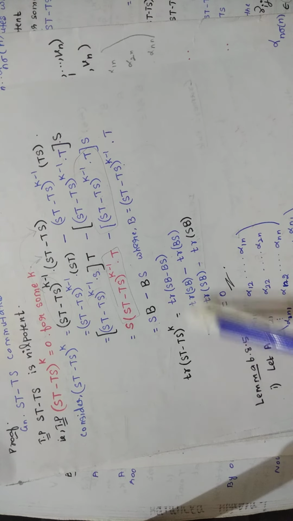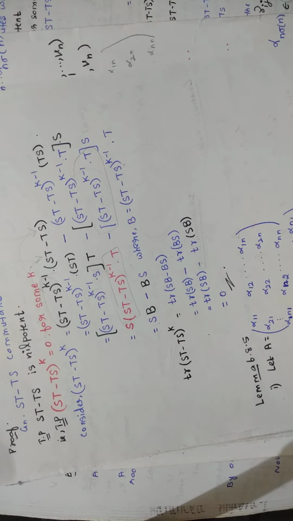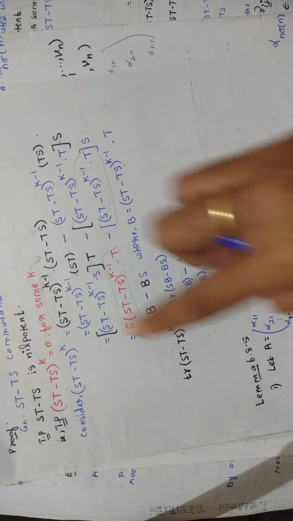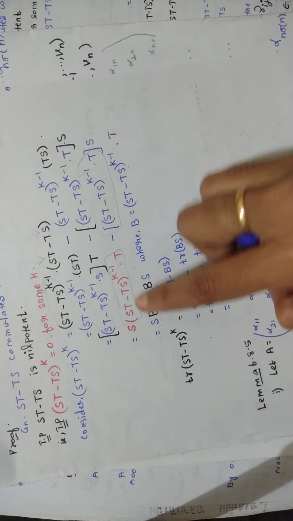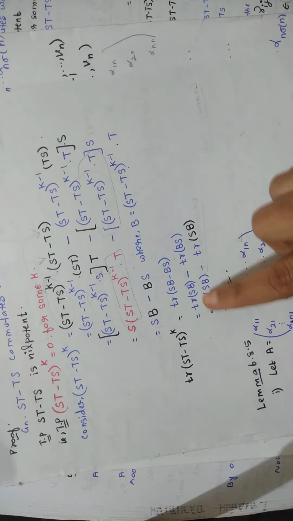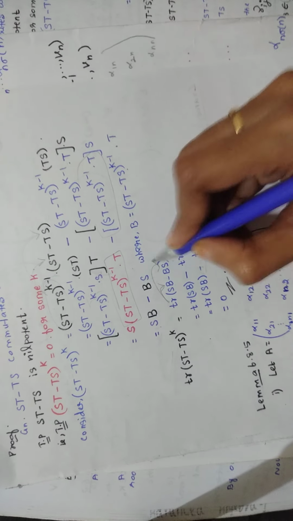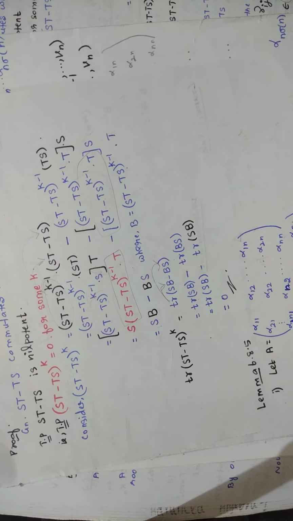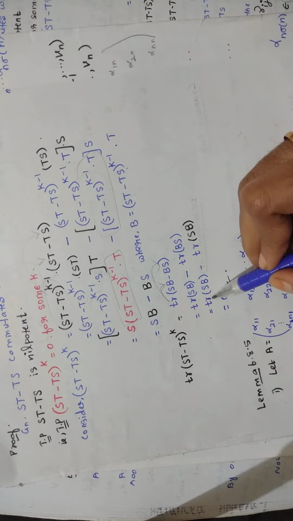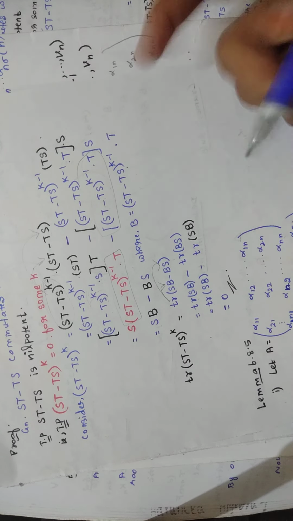So trace of st minus ts power k can be written like this, because just above you have found it, right? St minus ts the whole power k is equal to this value, so that is what you are substituting. Trace of this minus this, you can write like this. You have a property for trace, so using that property you are splitting like this, and then writing trace sb minus trace bs can be written like sb.